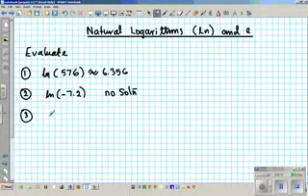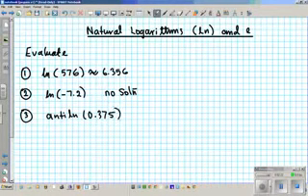Let's try another one. Let's try the anti-natural logarithm of 0.375. Antilog is the inverse of natural logarithm. So what is the inverse of natural logarithm? The inverse of natural logarithm is e. So this is another way of writing the same thing as e to the 0.375.